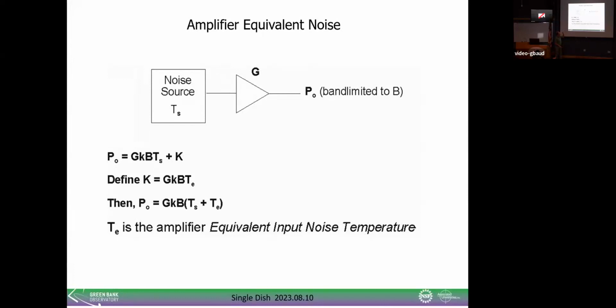That's the reason we cool these amplifiers, because there's a direct relation between the noise temperature added by the amplifiers and their physical temperature. Every one of our amplifiers is cryogenically cooled to about 15 Kelvin. They're inside cryogenic dewars, and we have cryogenic systems on the GBT to keep them cold.